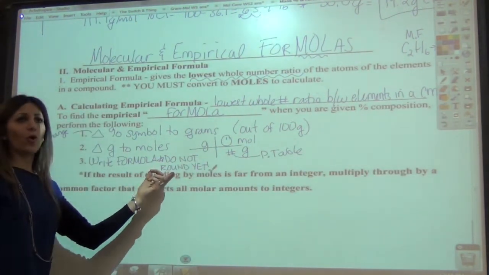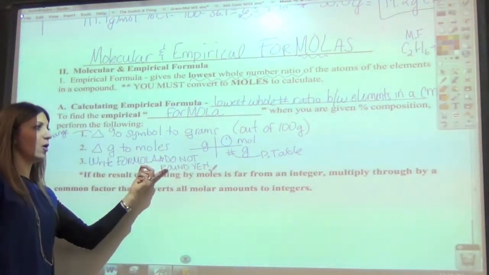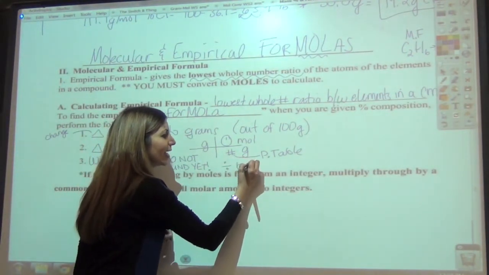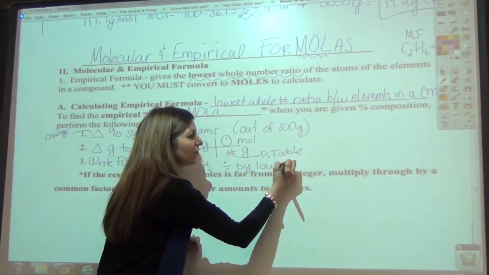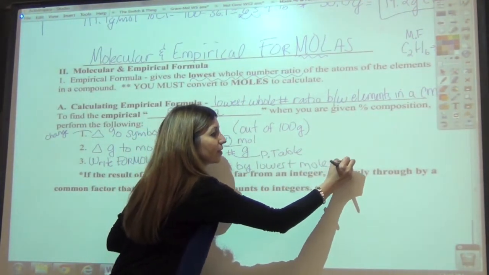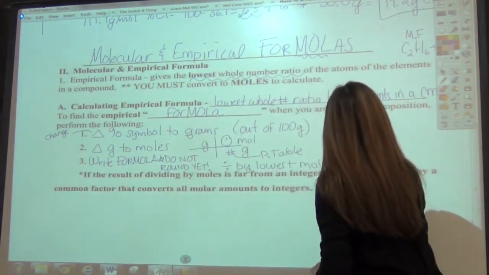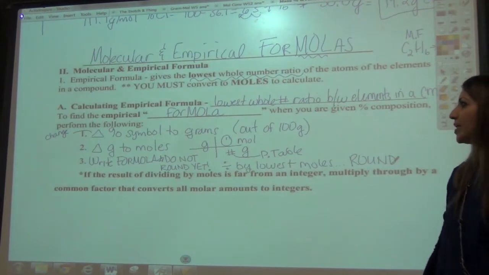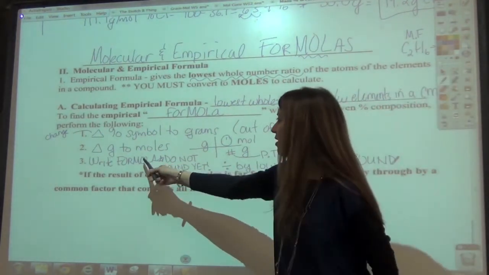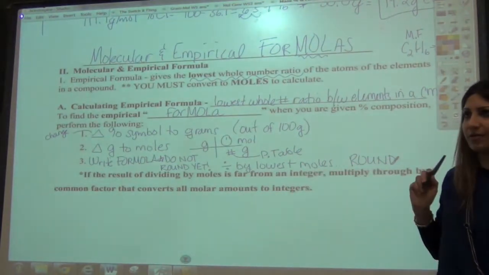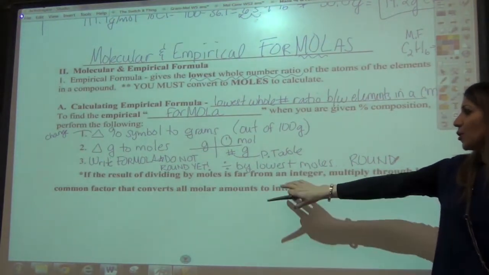And then, once you write your formula, you are going to divide by the lowest number of moles, then round. Okay? And I'll show you what I mean. So you're going to write your formula, don't round yet. You're going to divide by the lowest and then round. So I'll show you what this means. We're going to come back to this.